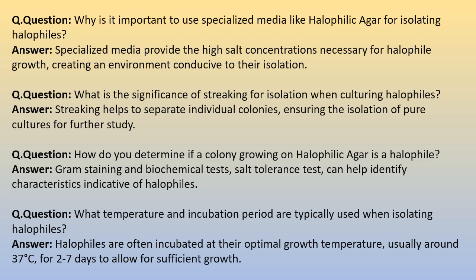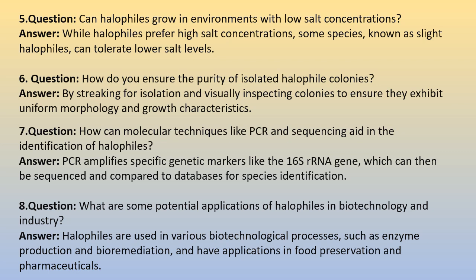Okay, then what temperature and incubation period are typically used when isolating halophiles? So for halophiles, we often incubate them at optimal growth temperatures, that is 35 to 37 degrees Celsius for 2 to 7 days to allow for sufficient growth, and then we report our results. Then next is, can halophiles grow in environments with low salt concentrations?